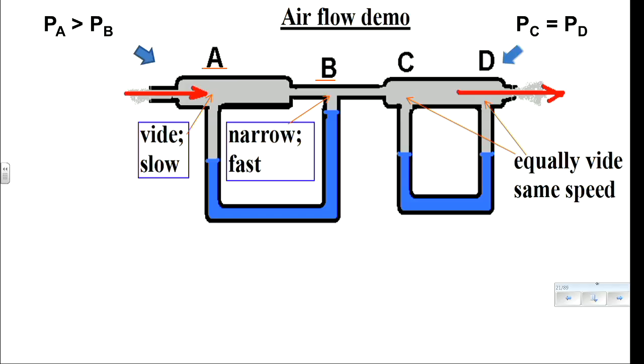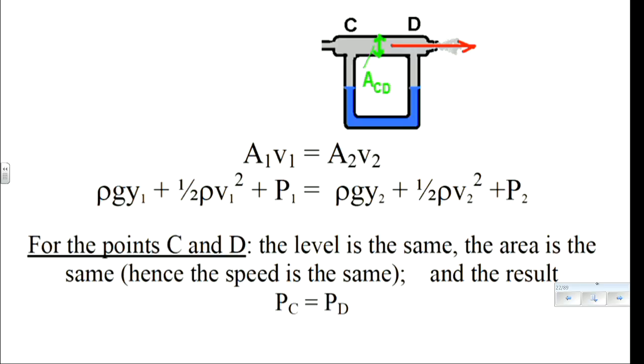So how can we explain this? Well, now we know how. We have two equations. The first equation, the continuity equation, tells nothing about pressure, but it tells something about speed. So this is important. In this part of the tube, you see, this tube manometer is connected to the pipe with the same diameter.